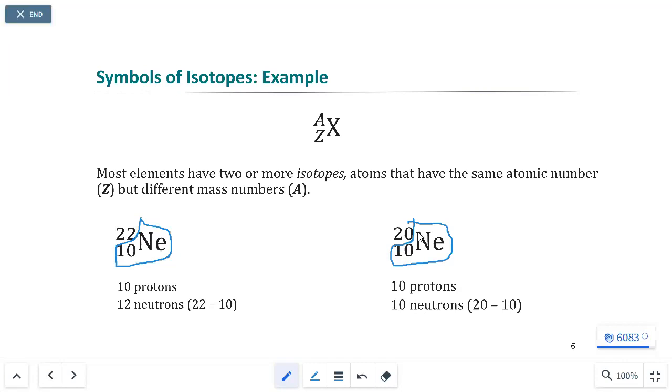Because their atomic numbers are the same, their symbols are the same. The thing about them that is different, that sets them apart from each other, is that mass number, which manifests itself in terms of a different number of neutrons.